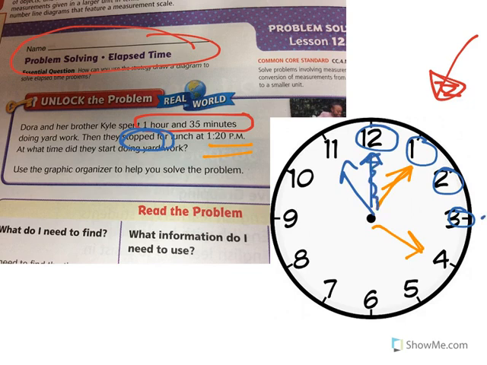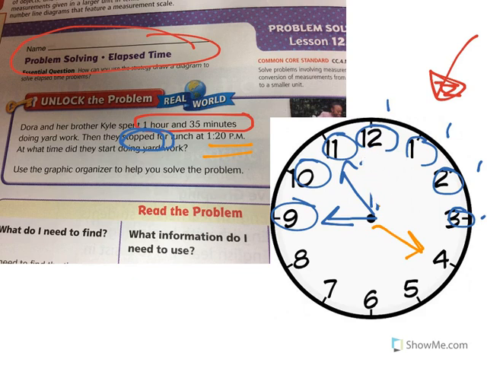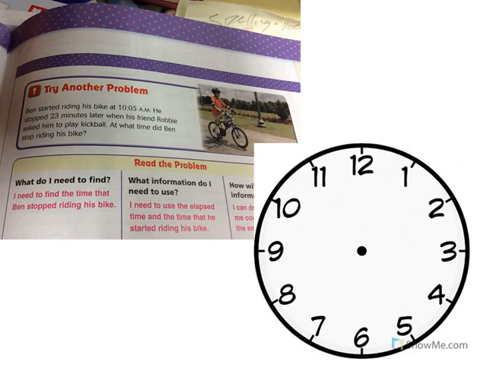So 5, 10, 15, 20, 25, 30, 35. So then I could draw my other arrow here, get rid of these ones. Actually, let's do it this way. So the time is 11:45 p.m. Let's go to the next one.